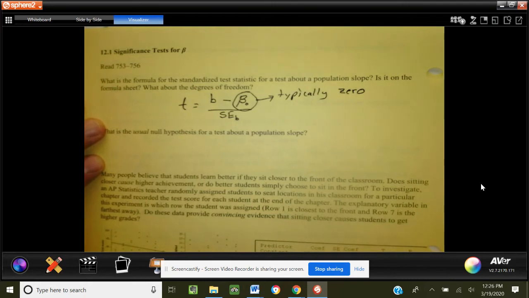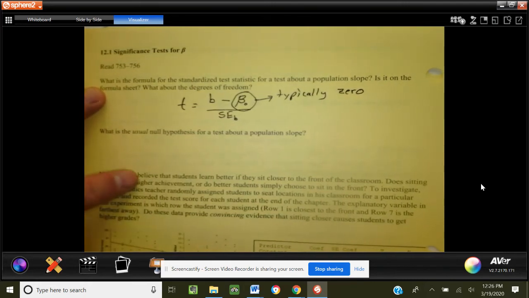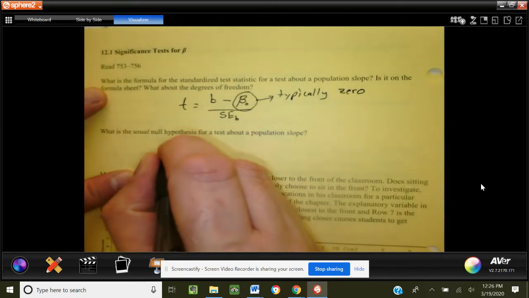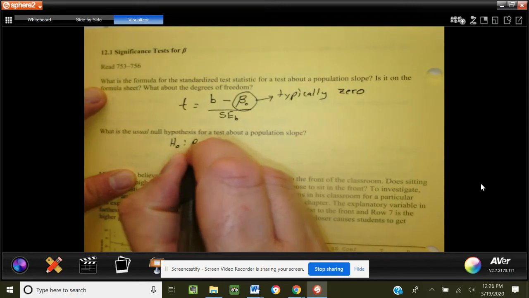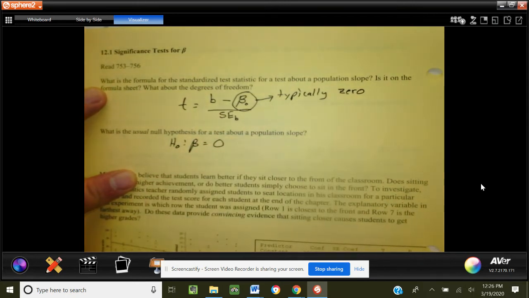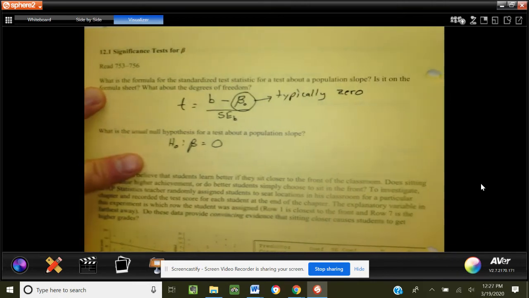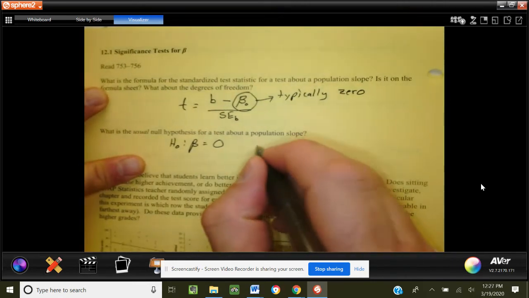So typically that value is going to be 0. And so the next question is, what is the usual null hypothesis? Well, it's going to be beta equals 0.